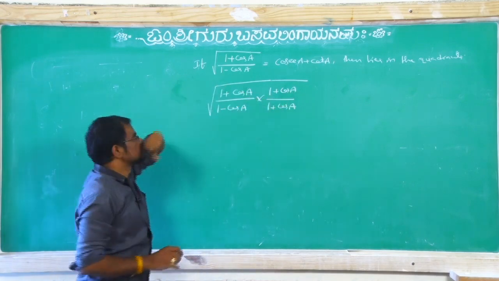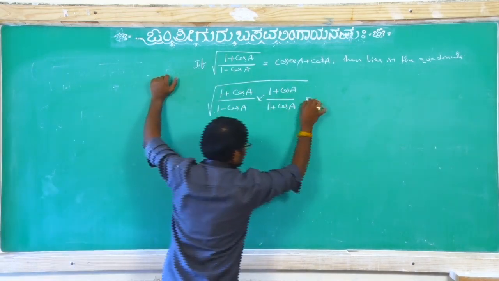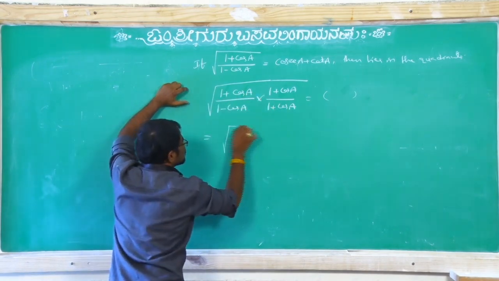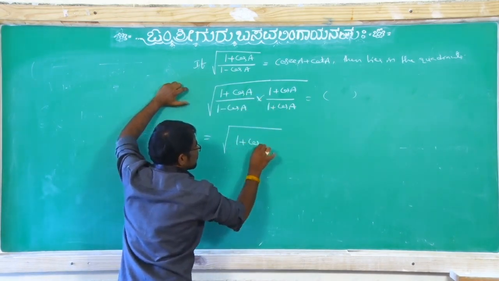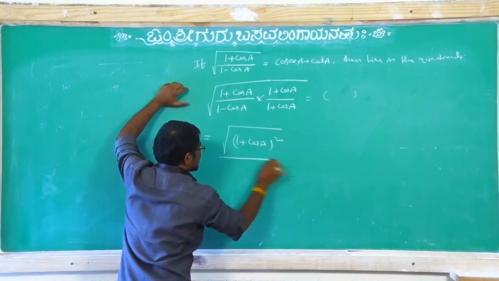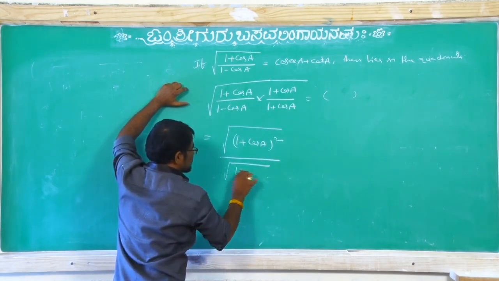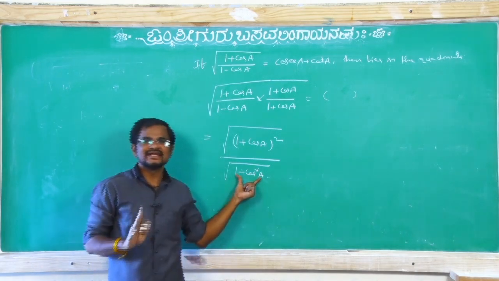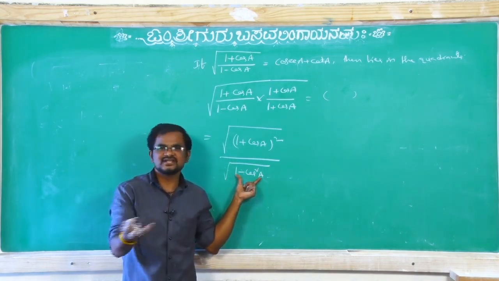So root of (1 plus cos A) whole square divided by 1 minus cos square. Here what we will get, that one you have to check. Here we will get sin square. First and second quadrant answer.